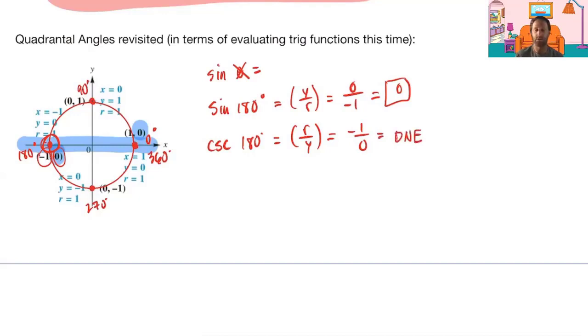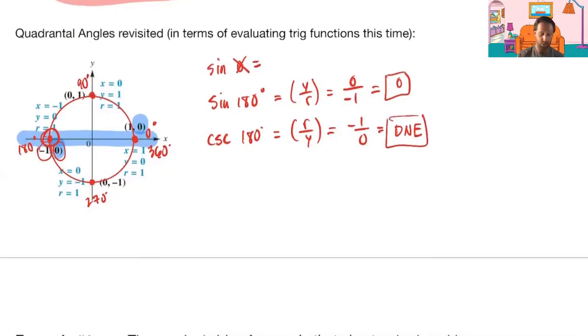There is no ratio for that particular angle and trig function. All right? So be very careful with these quadrantal angles. Because the zeros are involved, we will have issues. And since there are issues, we want to try to make sure that we memorize these as well. The more you memorize now, the easier this class is going to be as you progress, especially at the end.